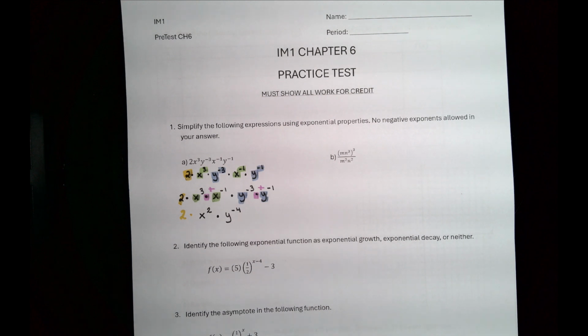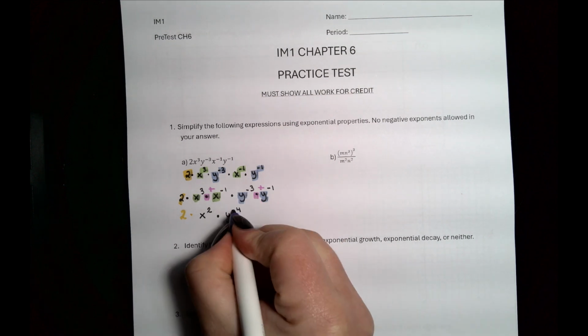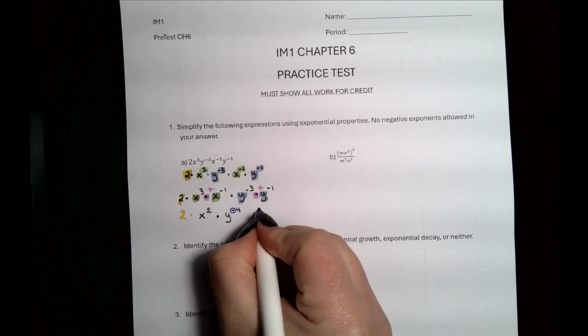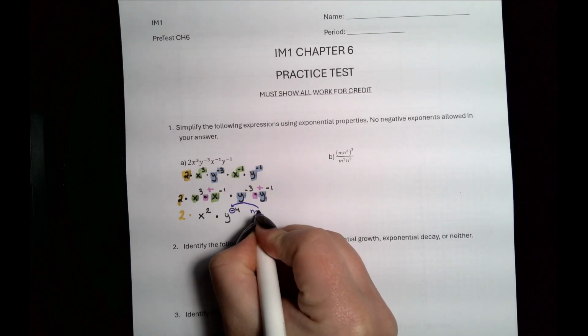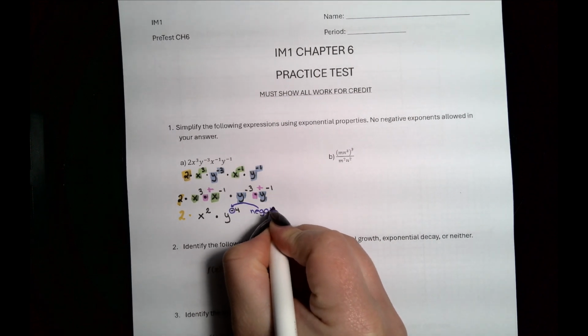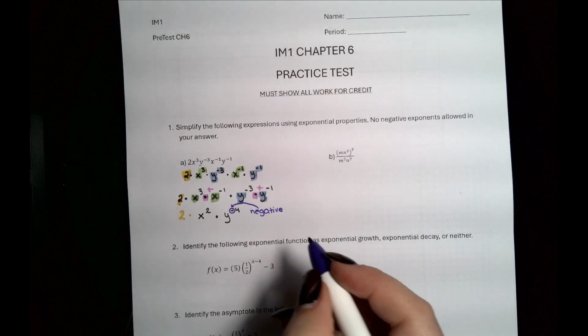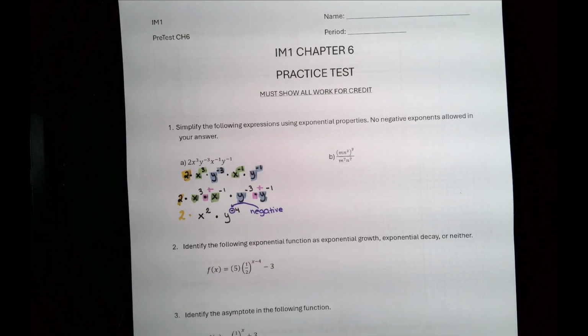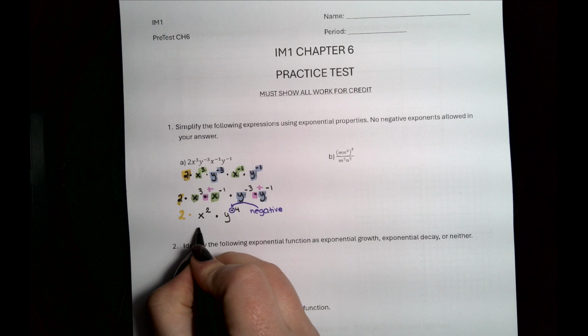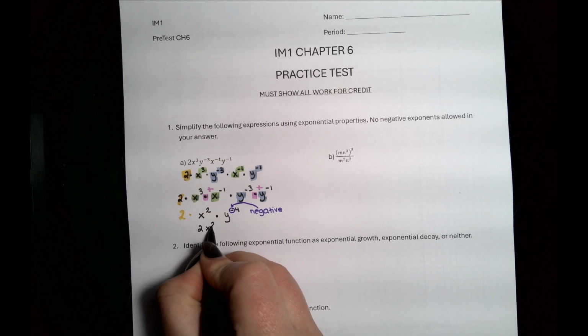It's not allowed. So what that means is we're going to use a property that deals with negative exponents. And a negative means that you flip the base. You see this y, you're going to flip it and put it into the denominator. So we are left with 2x squared.